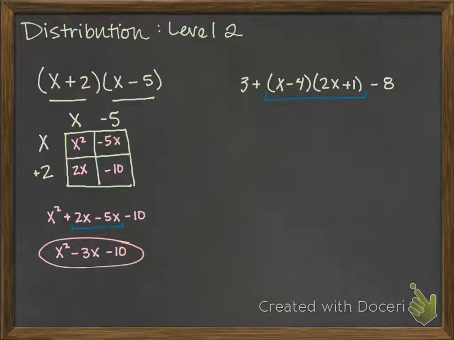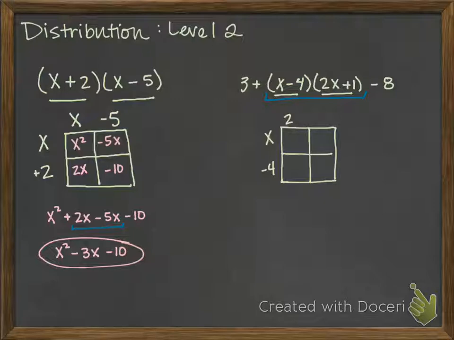So once again, we can use our generic rectangle to help us distribute out x minus 4 times 2x plus 1. Because we are multiplying a two-term by a two-term expression, we can draw a 2 by 2 generic rectangle. On one side of your generic rectangle, we have x and a negative 4.